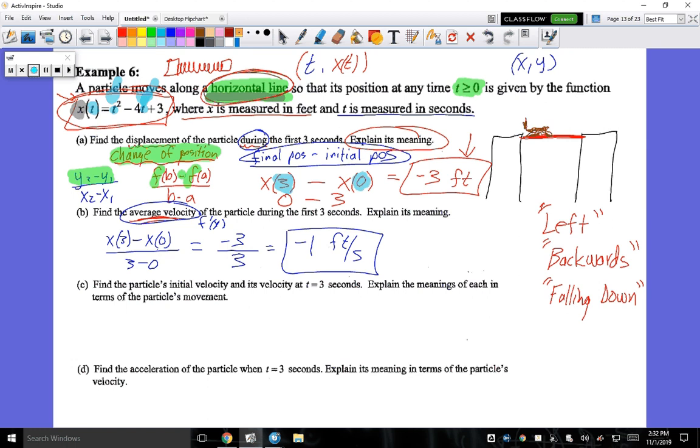Whenever you go to say it in words, and these are the FRQ, the free response questions on the AP exam, they want that kind of understanding. You know what I mean? And that much justification and explanation. But in this case, you couldn't use the falling down, right? No, you couldn't say falling down in this case. But you could say left or backwards.